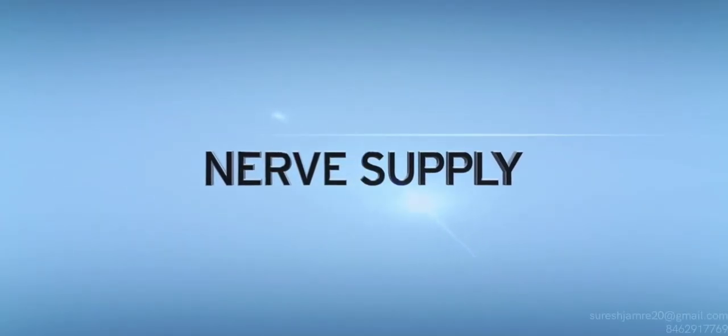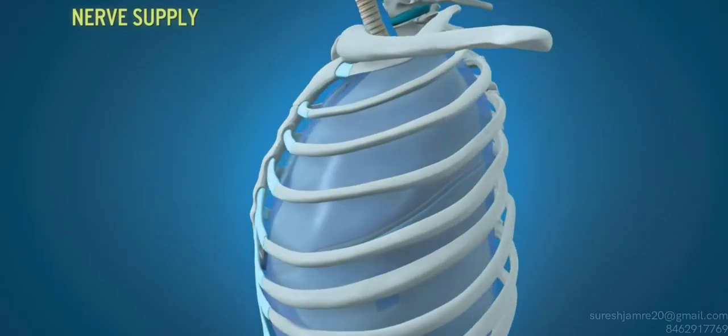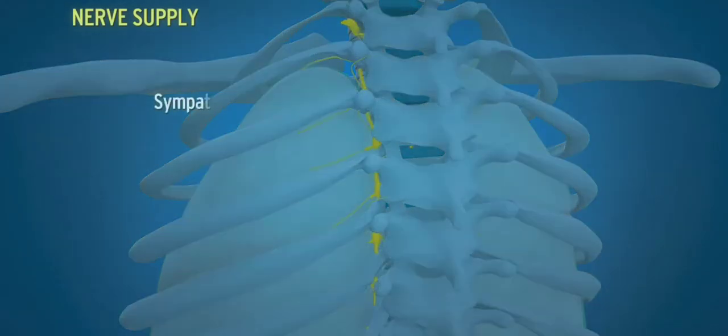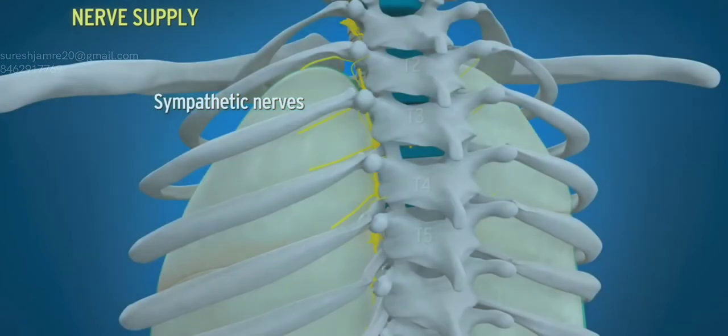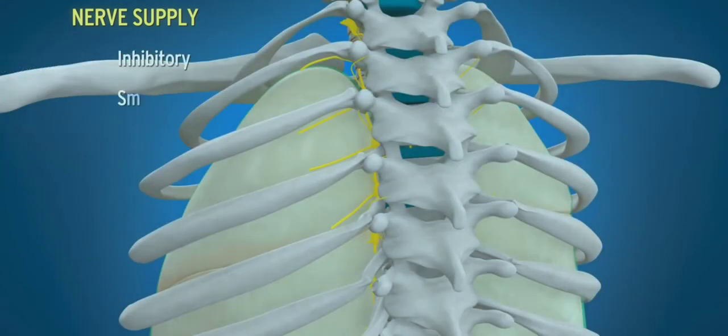Nerve supply. Sympathetic nerves are derived from thoracic sympathetic chain carrying fibers from T2 to T5 segments. These are inhibitory to the smooth muscles and glands of bronchial tree.